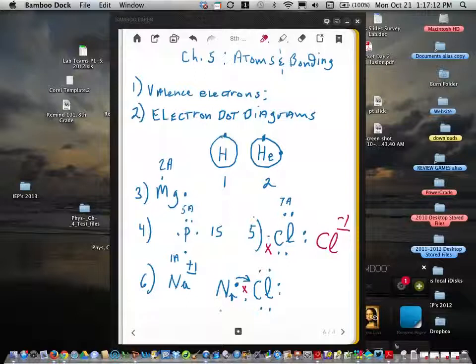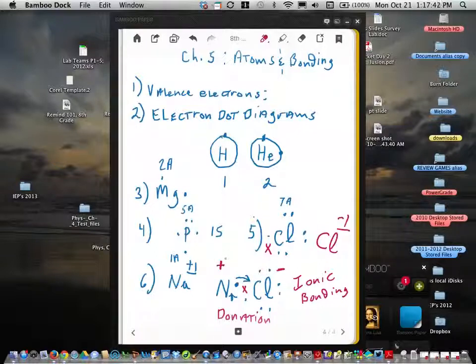So this is called an electron donation. Write that down, donation. When two or more elements donate electrons, that is called ionic bonding. And what happens is that the chlorine becomes somewhat negative and the sodium becomes somewhat positive.